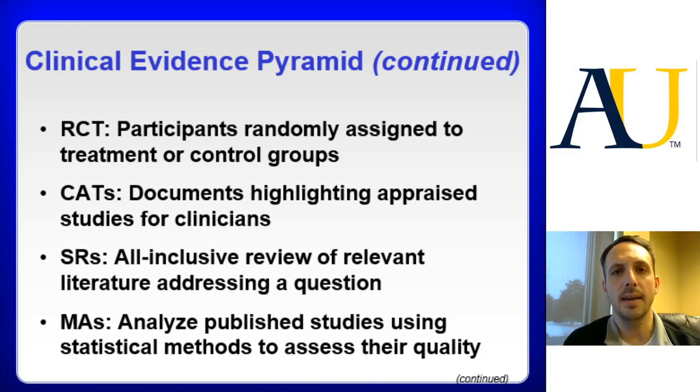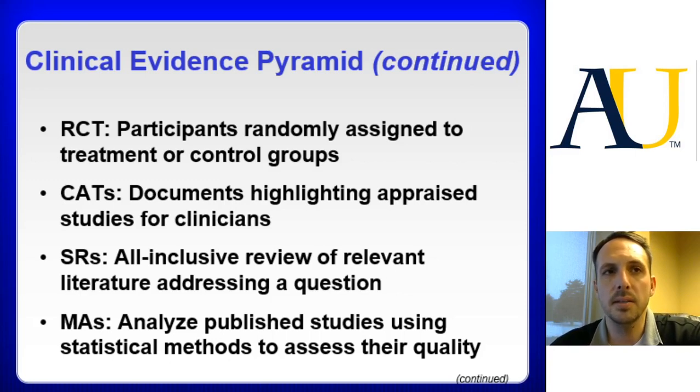And so the idea is that if I randomly assign people, I will end up with similar numbers of men versus women in each group, smart or not as intelligent, tall and short. All these different things that might affect the outcome are going to be randomized, and that's the best we can do for controlling that.